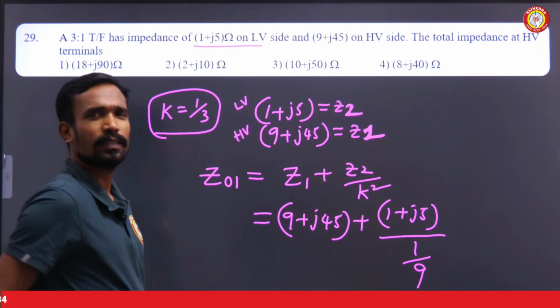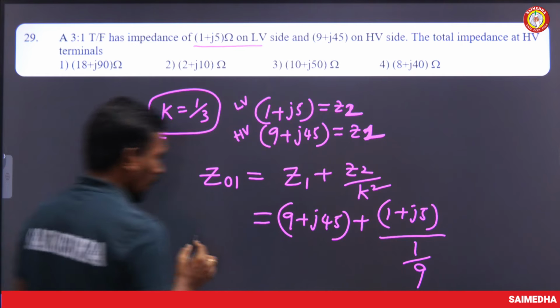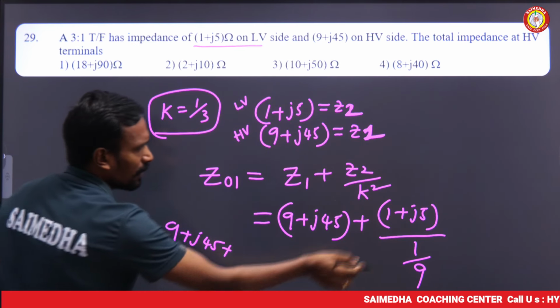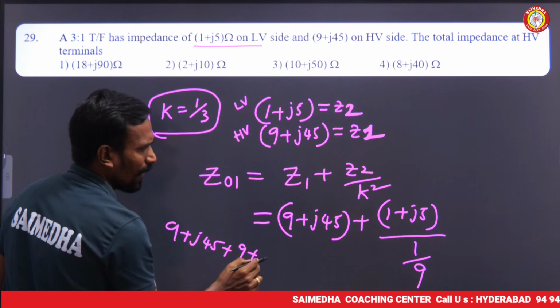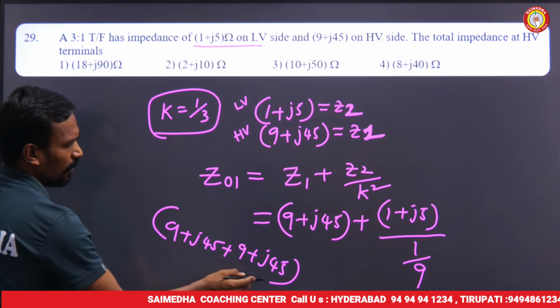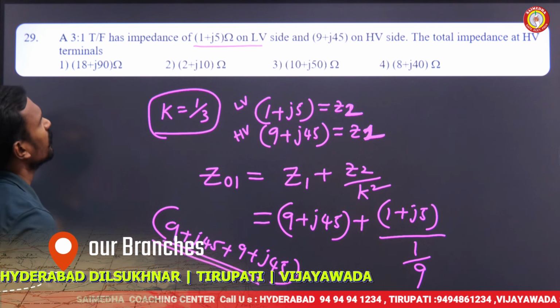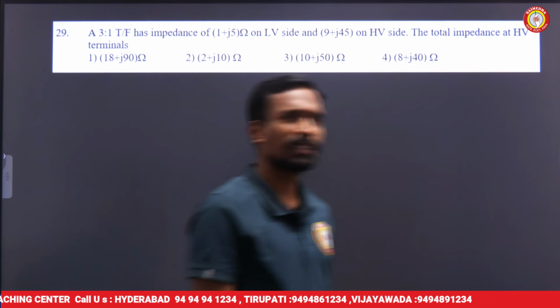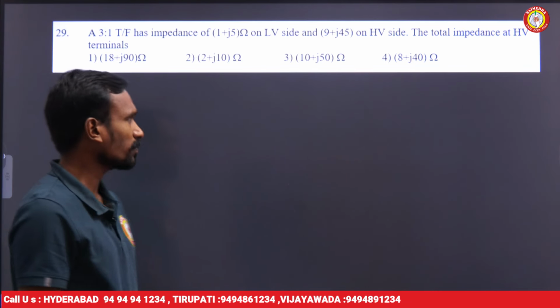The 9 will come up. So how much is this? 9 plus j45 plus 9 plus 5 nines are j45. So this is our answer: 18 plus j90. 18 plus j90 is your answer.